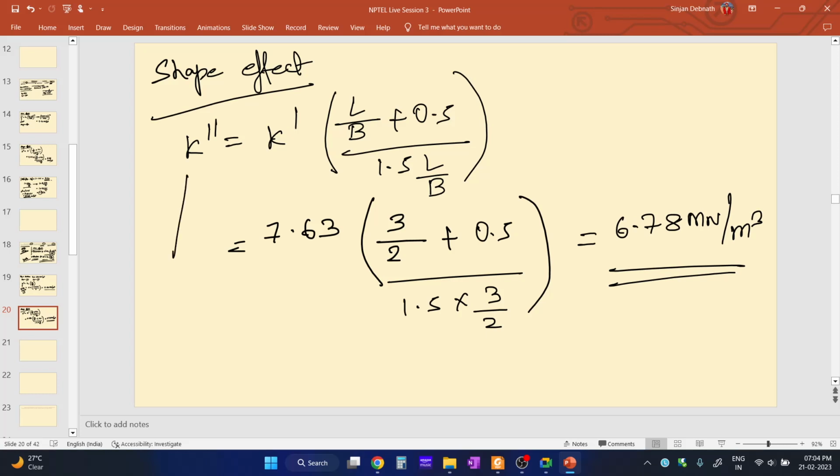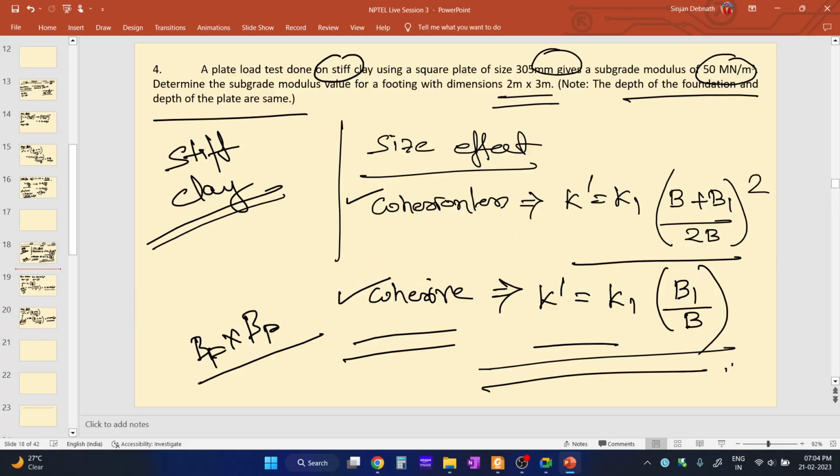This one corresponds to the footing having dimensions 2 meter by 3 meter. And in this case the soil is cohesive soil, stiff clay.